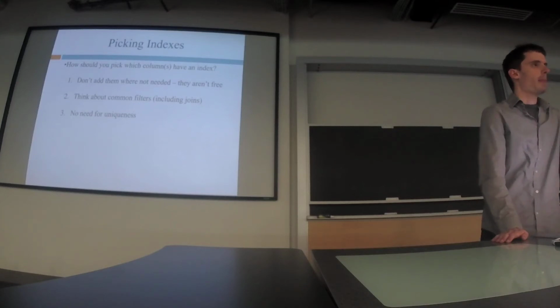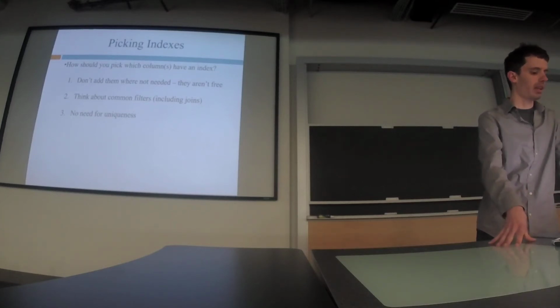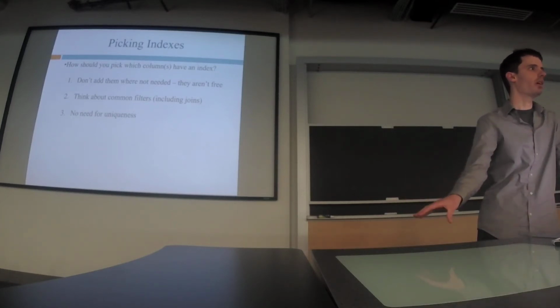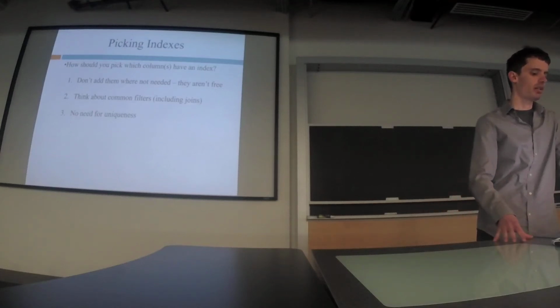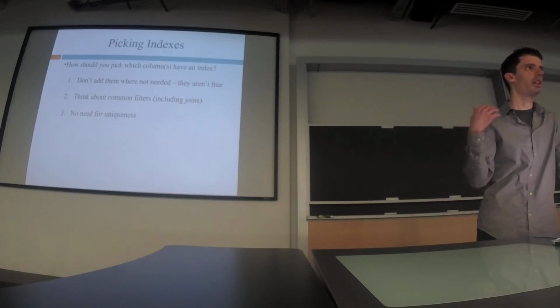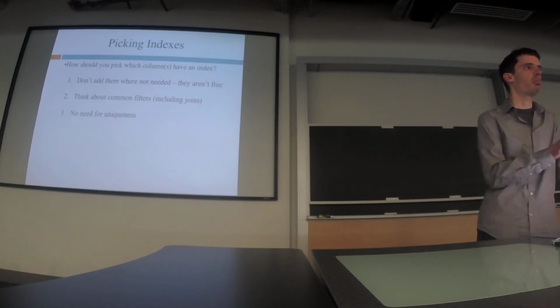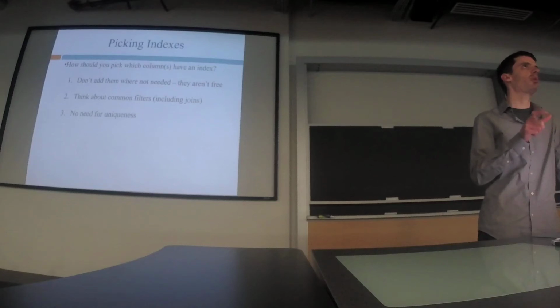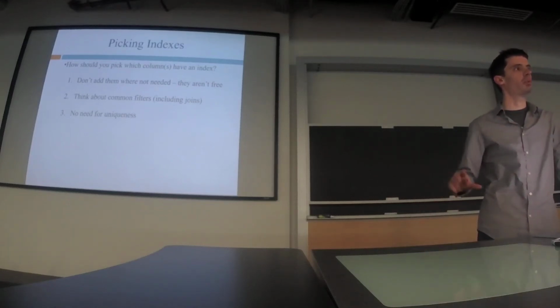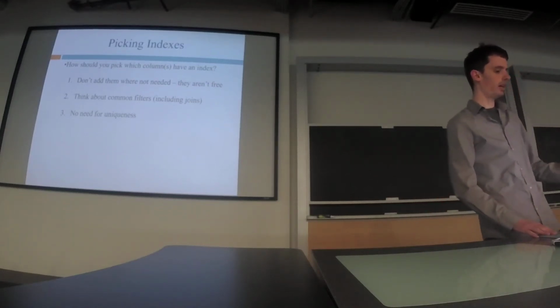Okay, so how do we pick? Don't just put them on every single column, because not only would that be costly in terms of having to update a bunch of indexes, this would actually be more indexes than you think, because you can have multiple columns in an index. So you would have to build an index on every possible combination of columns. Don't do that.